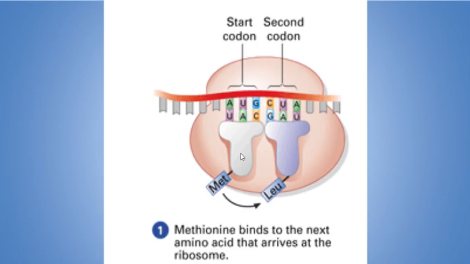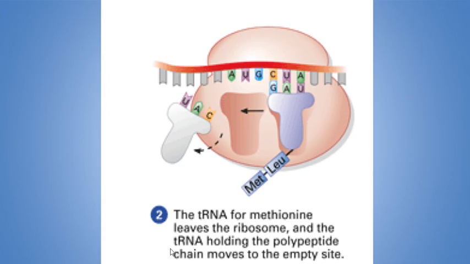So as we see now, we have two different transfer RNAs. Methionine will bond to the next one, methionine and then leucine. So we see the sequence starting to bond. And then as the ribosome moves down the line, new transfer RNAs come and continue that trend.